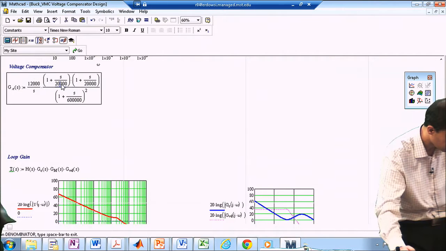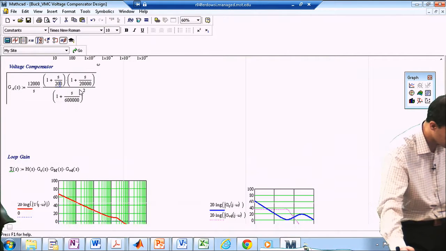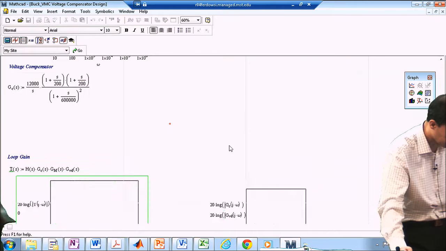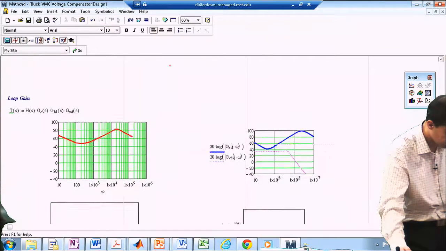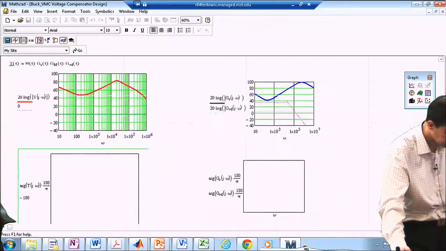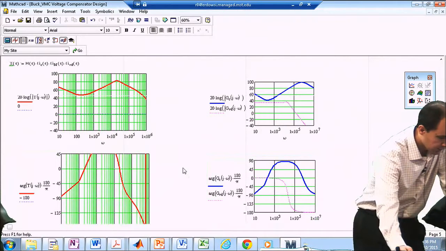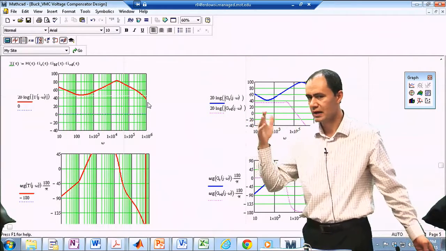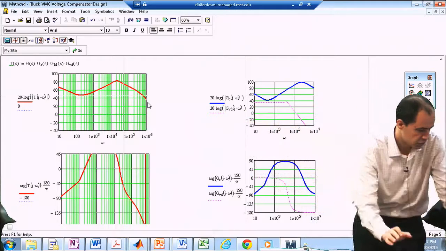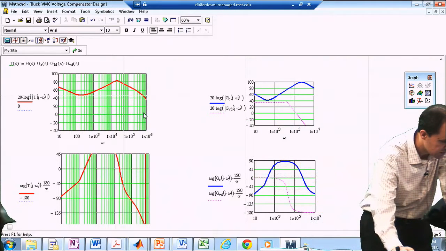Like instead of 20,000, let's make them 200. Okay. Now you can see everything is kind of messed up. You don't have a good resolution in this Bode plot over here, but you can see that your bandwidth is actually beyond your scale. So it's a very fast system, but you're also amplifying your switching frequency. We can see that in simulation.